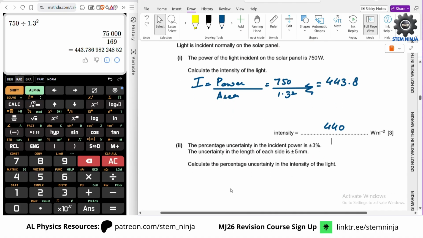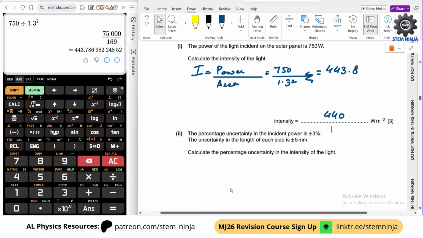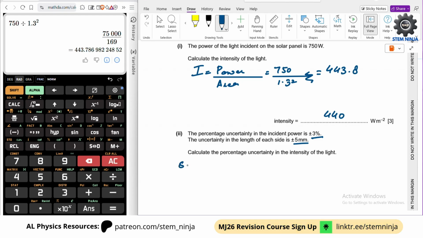The percentage uncertainty in the incident power is plus minus 3%. The uncertainty in length of each side is 5 millimeters. Calculate the percentage uncertainty in the intensity of the light. So for the power we already have it in percent. For length we need percentage uncertainty.